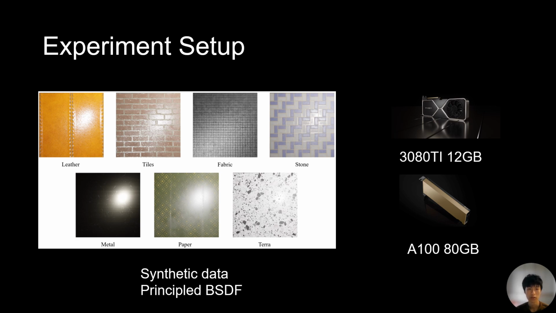They are leather, tiles, fabric, stone, etc. The dataset is of good scale and good representativity. In terms of hardware, we prepare a 3080 GPU and an A100 GPU for training the capture network and tuning the ControlNet.